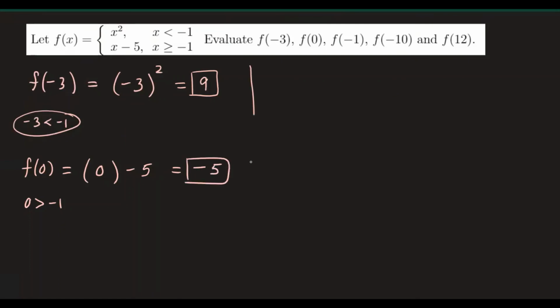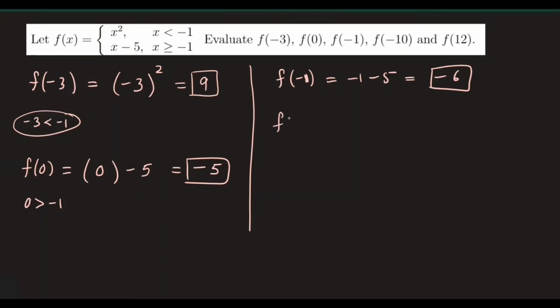Let's continue to the next one. F of -1. Well, -1 fits into, again, the second function because the second one exists when x is greater than or equal to. So we will again pick the second function. So we have x, which is -1 minus 5, the result, -6.